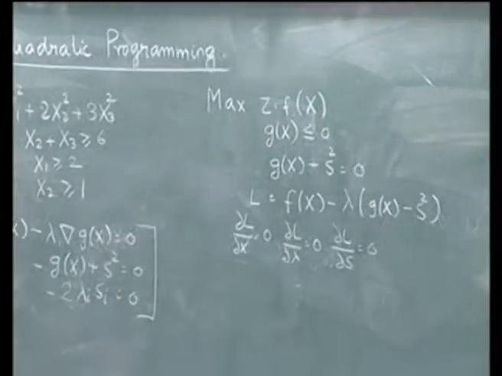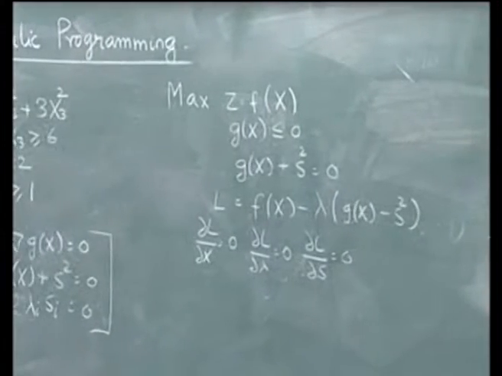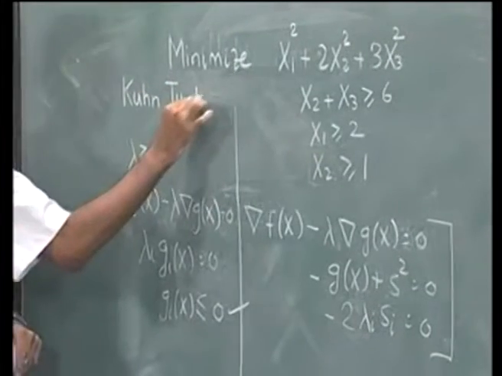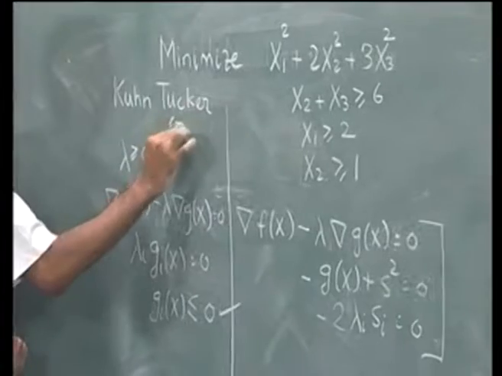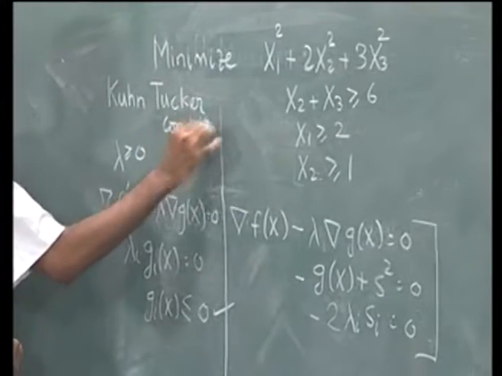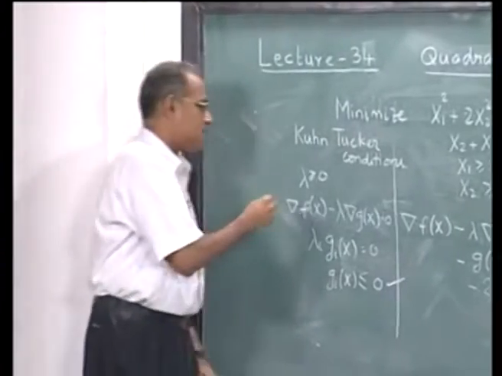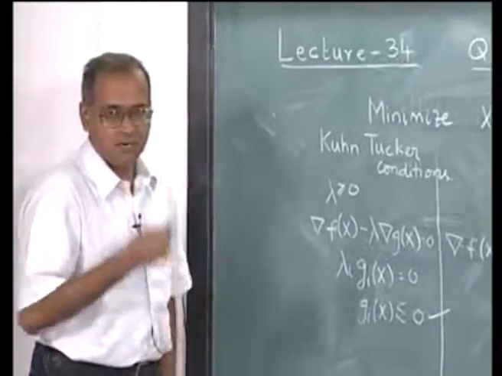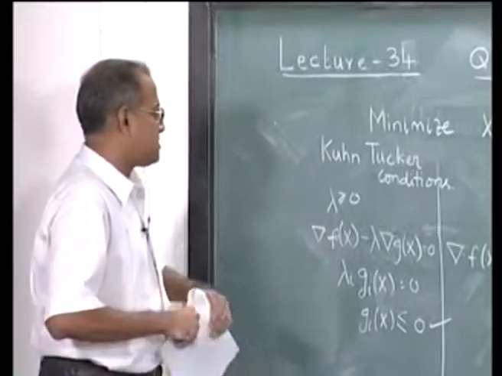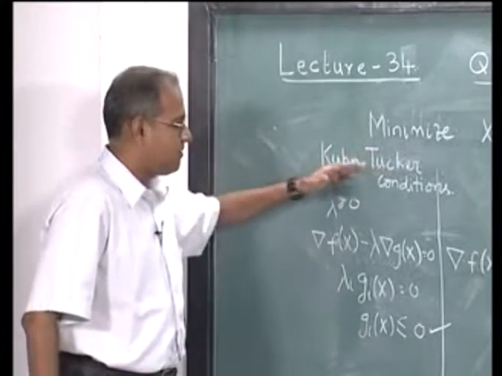Now, these conditions are the very well known Kuhn-Tucker conditions, which form the basis for solving nonlinear optimization problems. Sometimes these are called KKT conditions, Karush-Kuhn-Tucker conditions, but we use the term Kuhn-Tucker conditions for this.